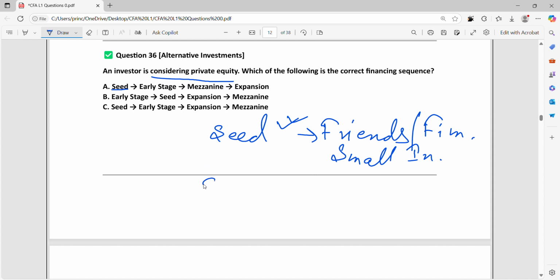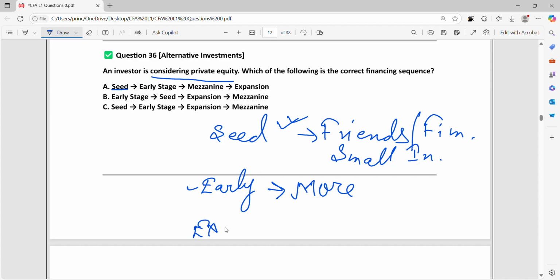Second is early stage. Now you have proven the idea works, you need more money in the form of rent for a space or to hire staff or for many more things, mainly to expand the business. Okay, so the investor takes a bigger risk because the restaurant is young but promising, so you follow early stage. Now the third is expansion.